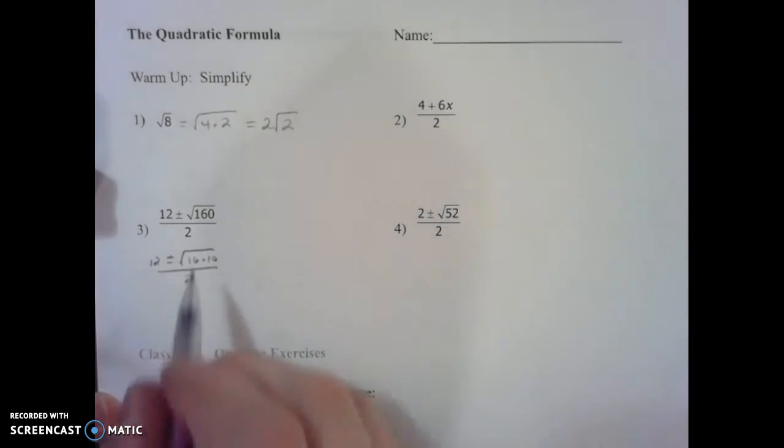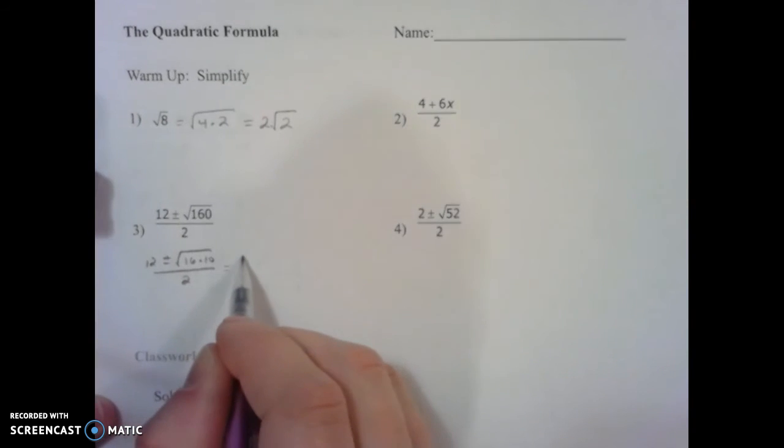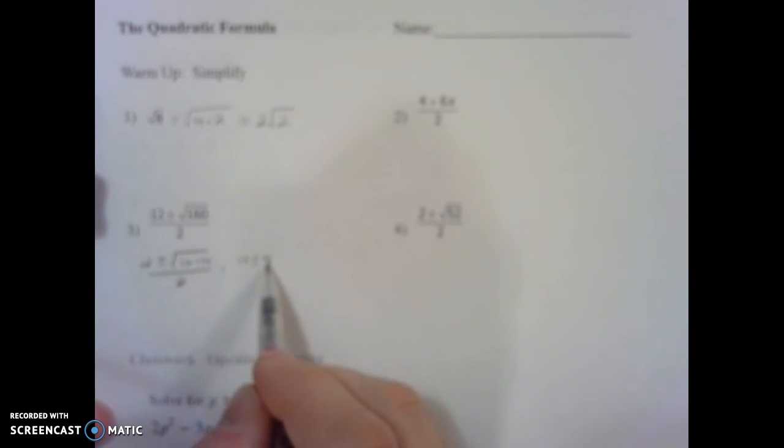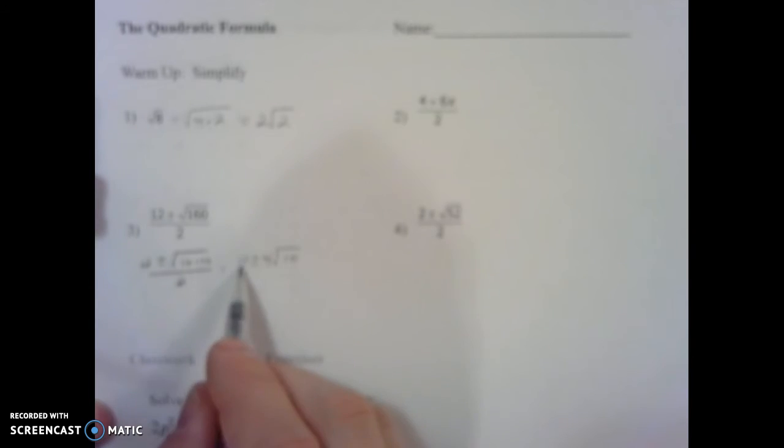Okay, and now when I simplify this here, I'm going to have 12 plus or minus the square root of 16 is 4, and that's going to leave me with the square root of 10 still, all divided by 2.